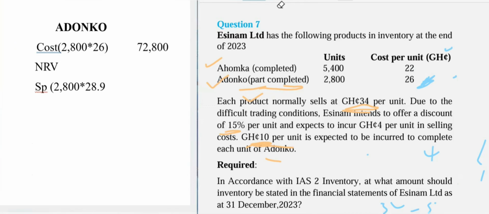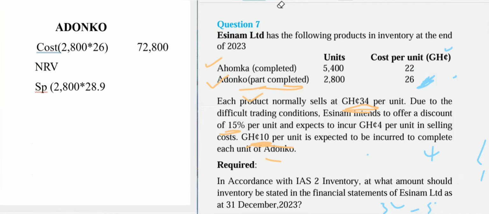Immediately you factor in the cost to complete, you are changing it from work in progress to finished goods. Very important. So you are not going to use the selling price of the work in progress if you want to get the net realizable value of the work in progress.